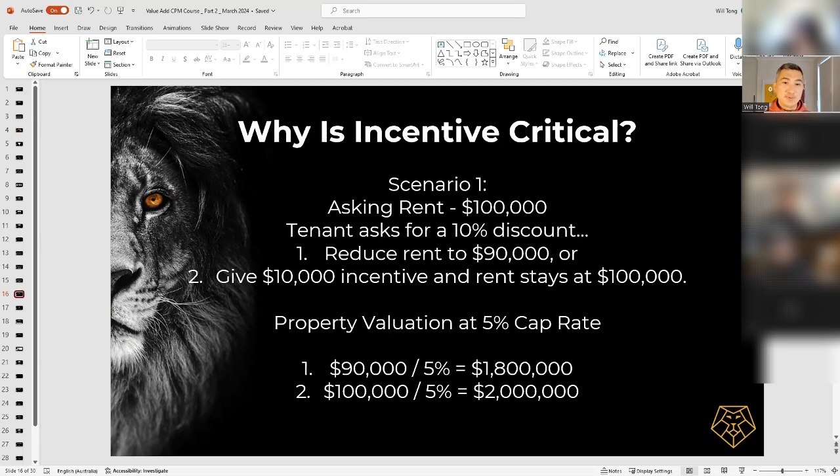If you're able to provide all that incentive upfront, let's say, Mr. Tenant, Mrs. Tenant, I'll give you that 10% incentive, you just take it up front, I'll give you 6 months rent free up front, then at the back end the incentives have expired. There's no more incentive, so it's not going to affect your valuation. Does that make sense?